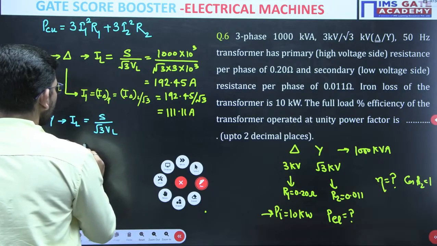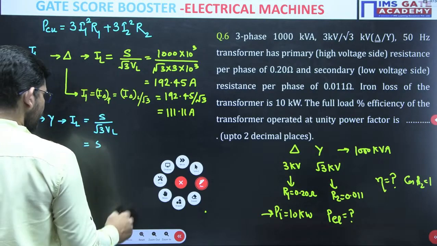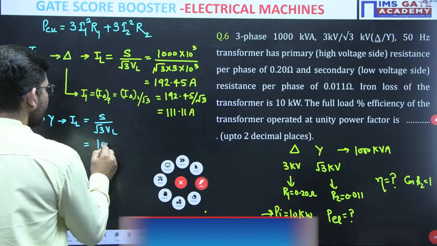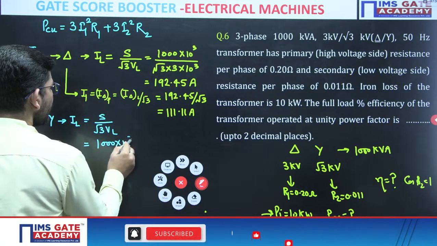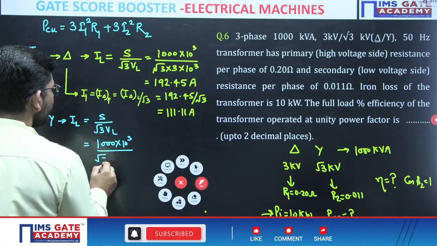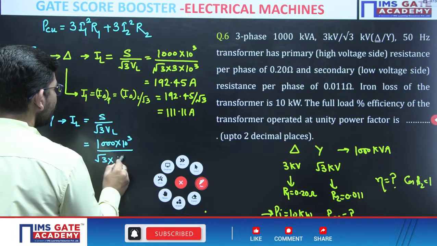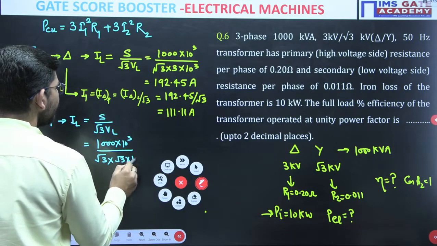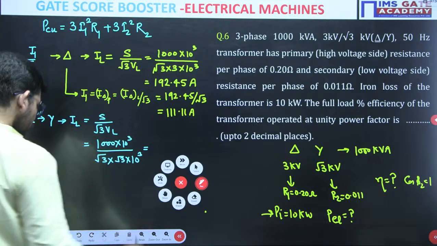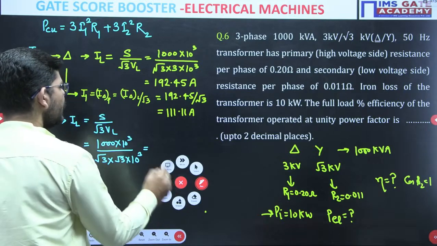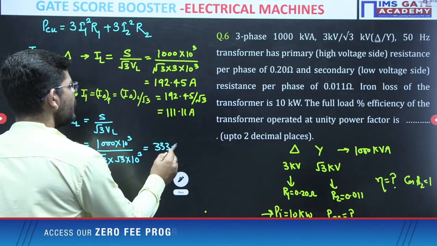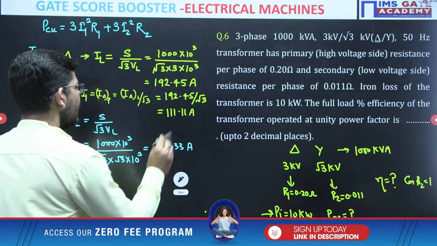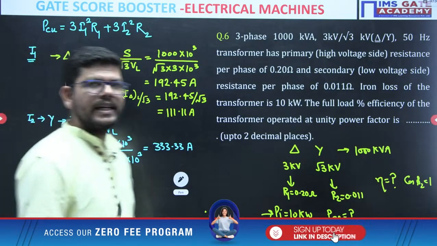What is S? Same, 1000 kVA divided by root 3. What is voltage on the secondary side? Root 3 kV. So how much we will get? We will get 333.33 amperes. This is going to be the line current.